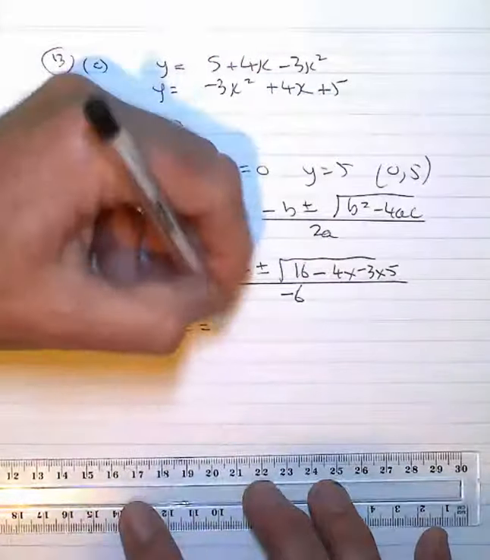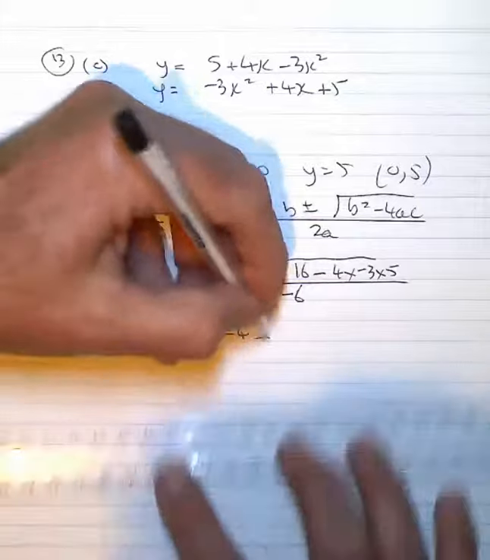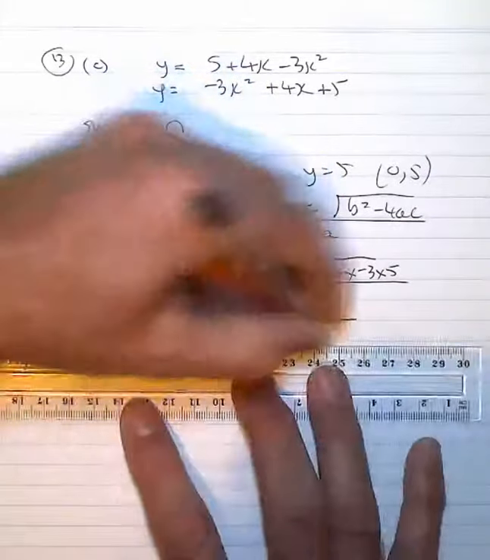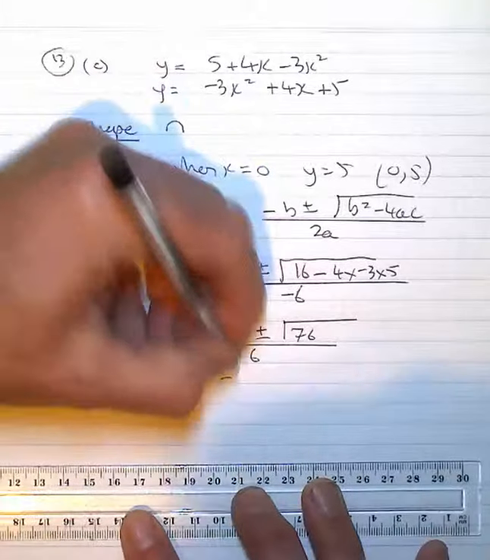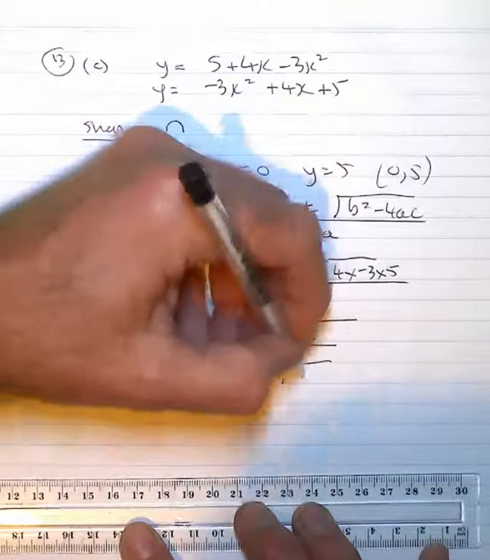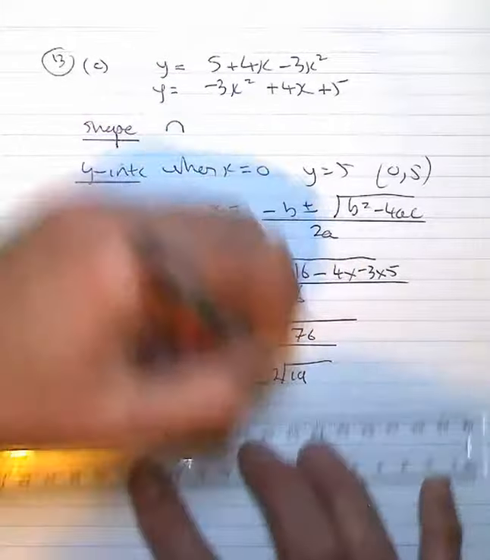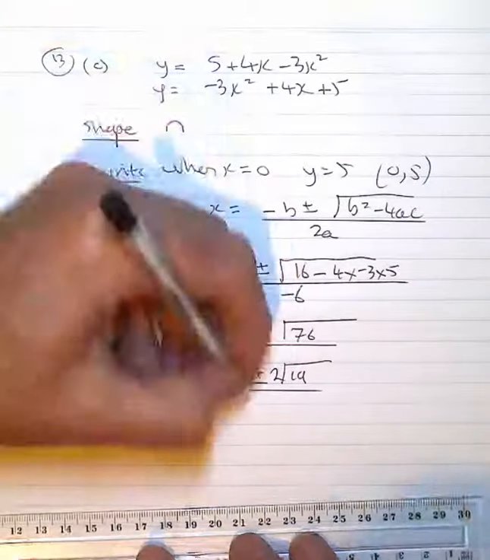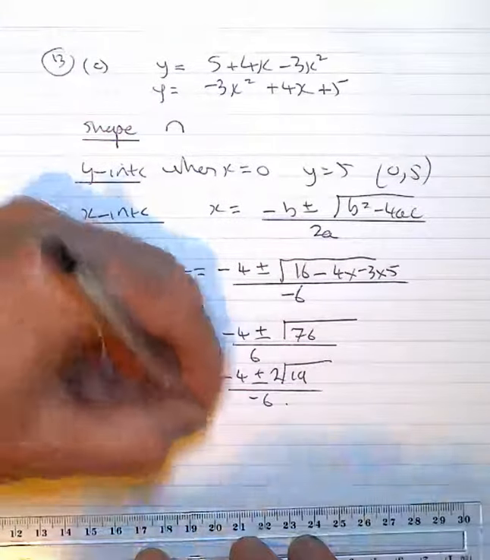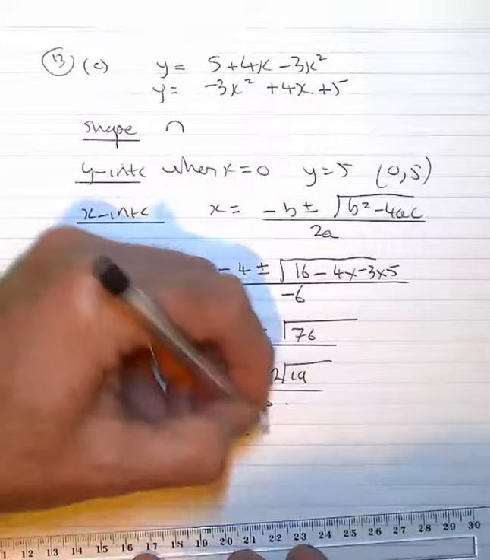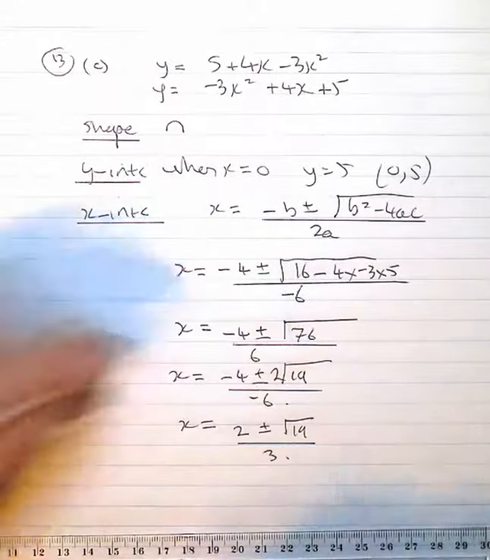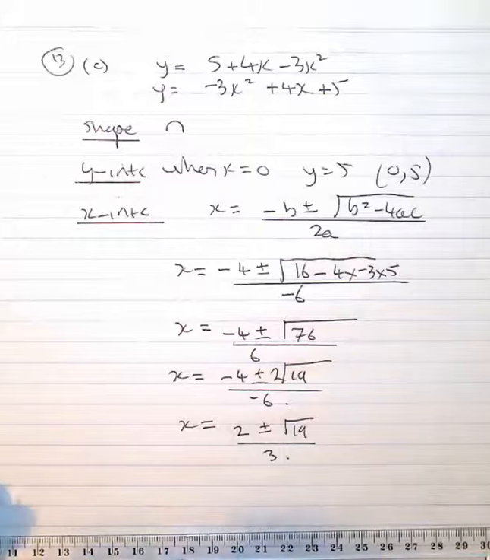So work that through: negative 4 plus or minus the square root of 76 over 6. Now I've just put that into my calculator, 2 root 19 over negative 6 here. And what we find is x is going to be 2 plus or minus square root of 19 over 3. So I've got my two particular functions there, and I can work it through on that basis.